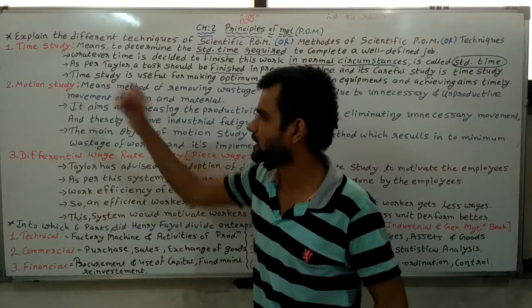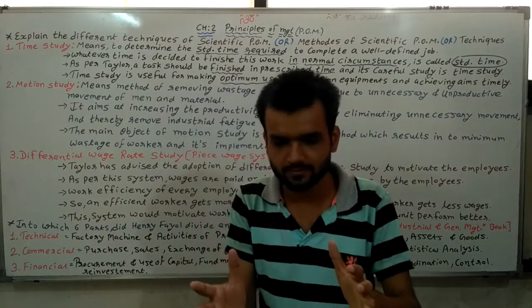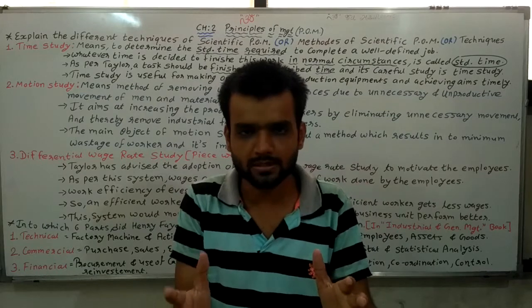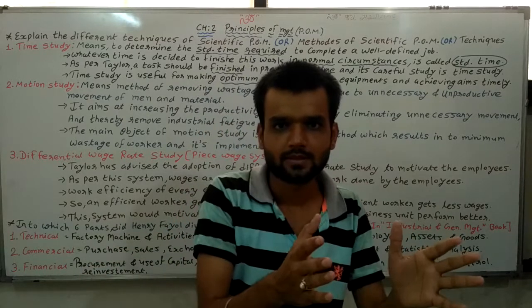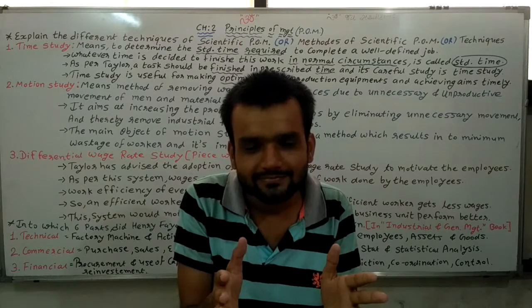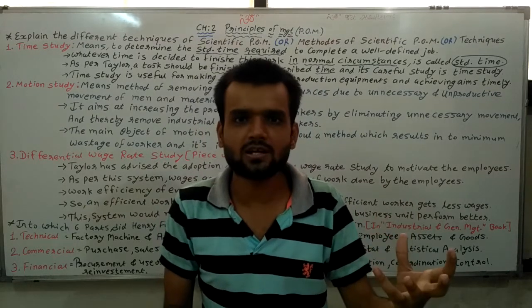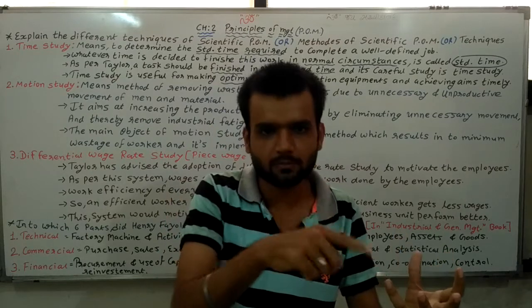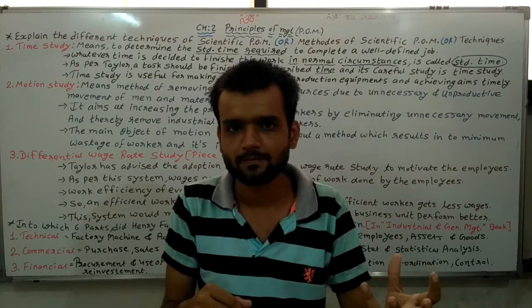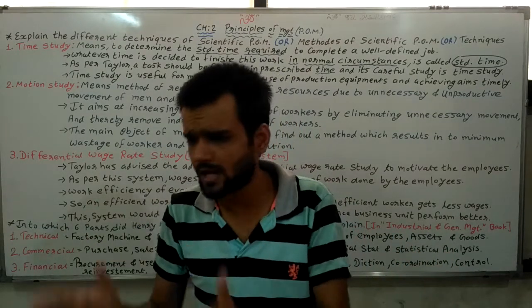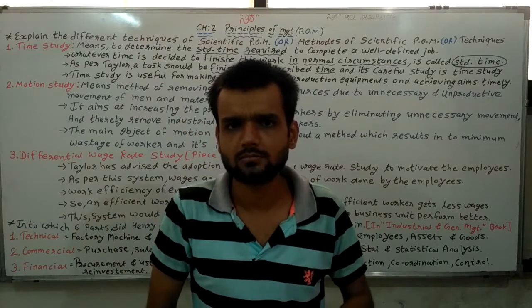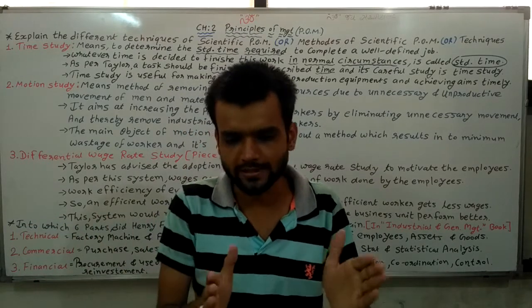Second one, motion study. Motion means here and there. Workers are going for work from one place to another place. Sometimes machines are required to move from one place to another place. So that is the motion.